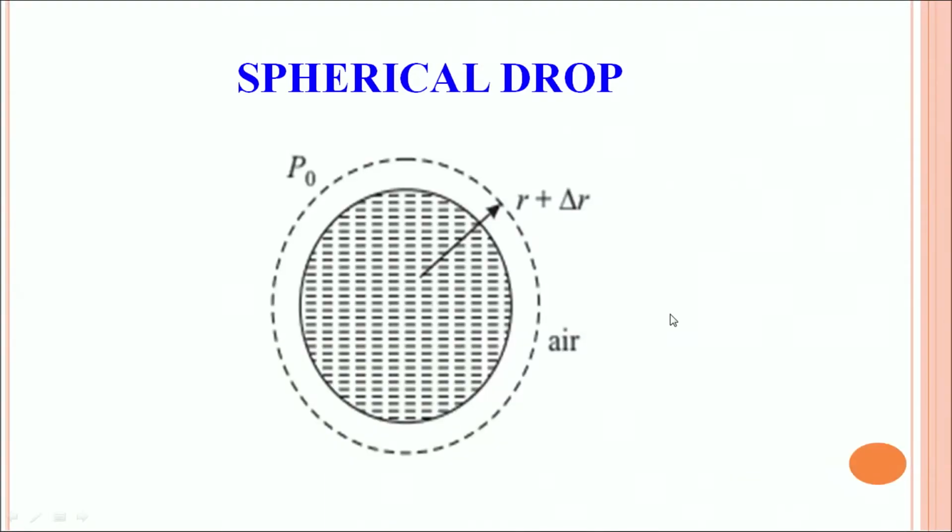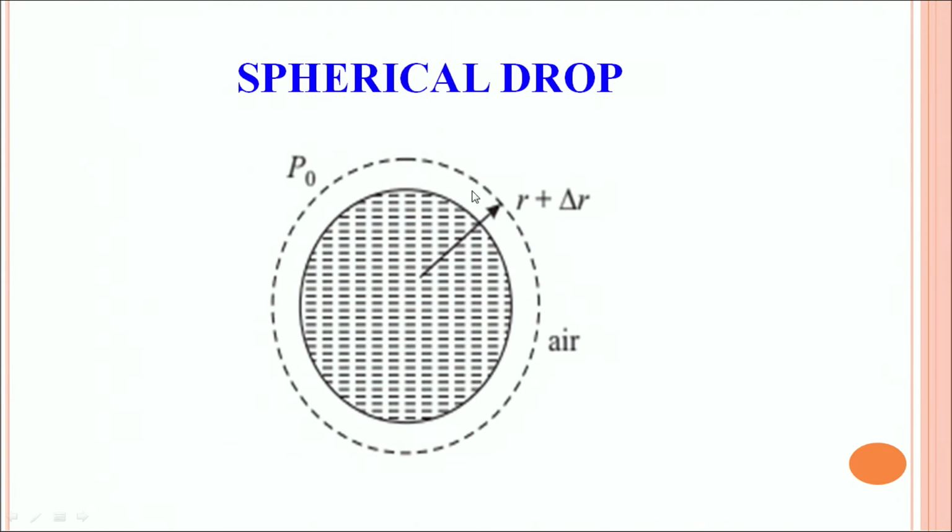Now, what is actually a spherical drop? As you can see from the diagram, if we look from the vertical height, the spherical drop appears as a circle. The actual radius of this spherical drop is given by small r, and when an excess pressure is applied to this spherical drop, a certain displacement is shown by the dotted line outside the surface.